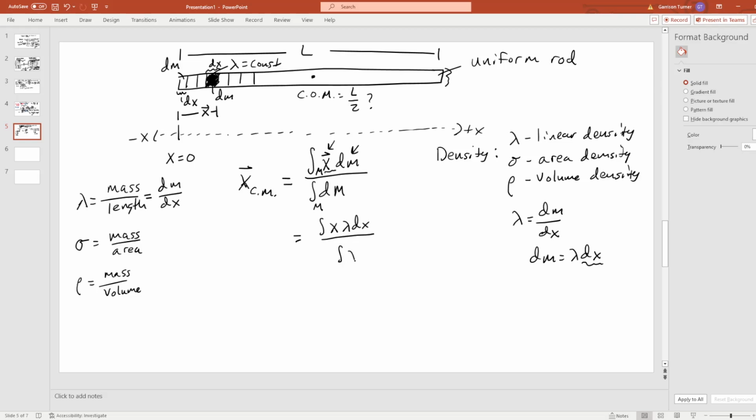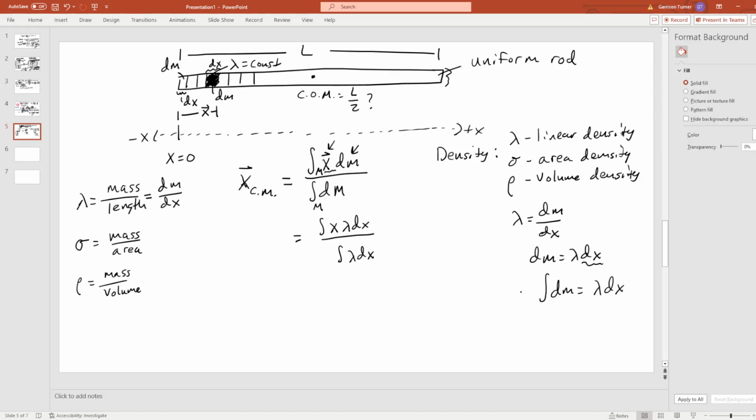For completeness' sake, this is an integral over the entire rod.